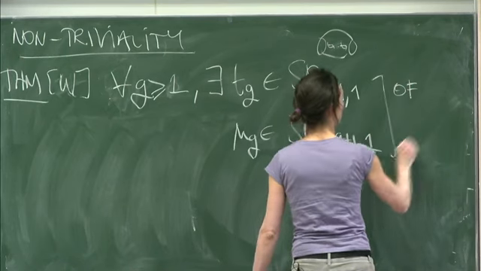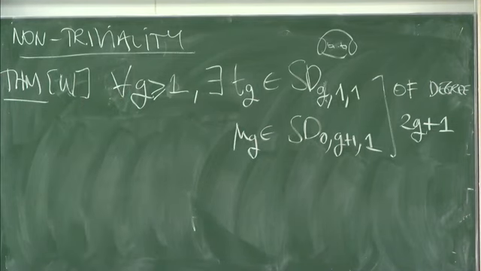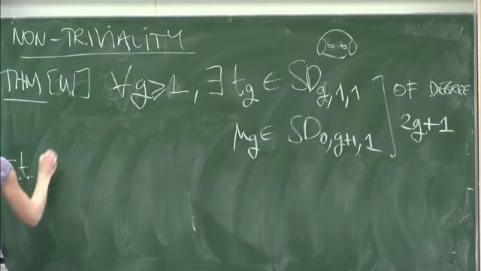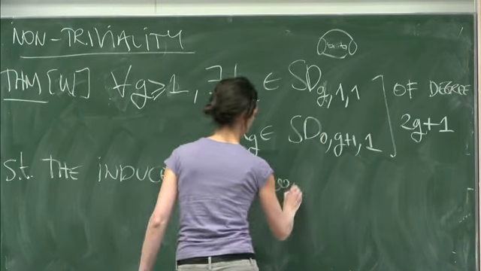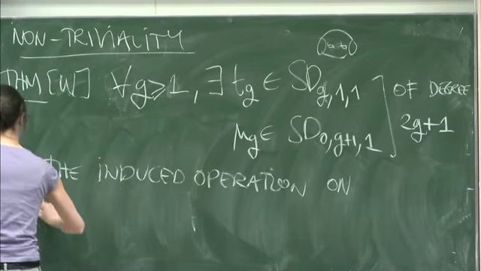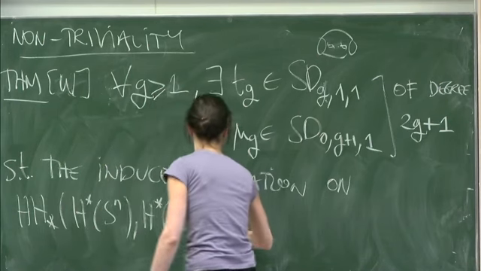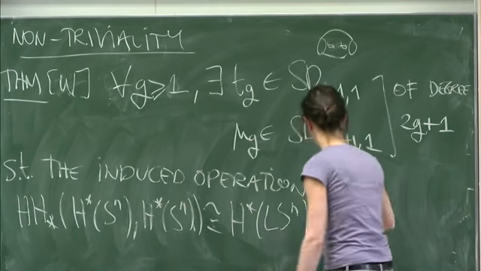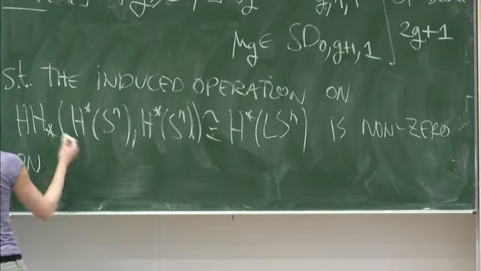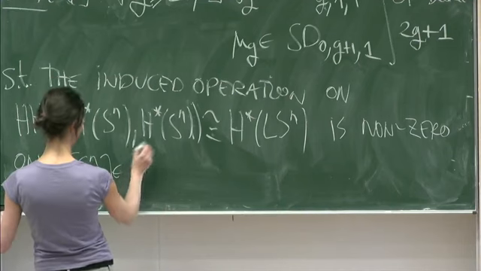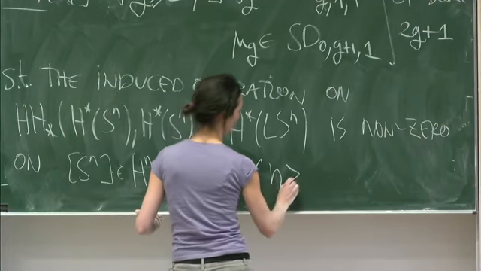So these are both of degree 2G plus 1, so of higher and higher degrees, such that the induced operation on the Hochschild homology of the cohomology of the sphere, so this is isomorphic to the cohomology of the free loop space on the sphere, is non-zero on the class corresponding to the sphere itself in degree n, S^n, for every n greater or equal to 2.